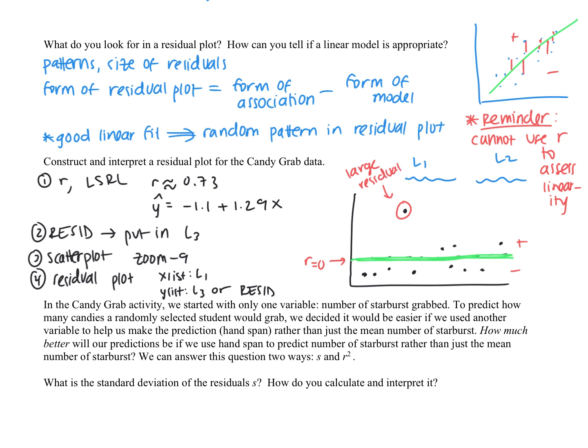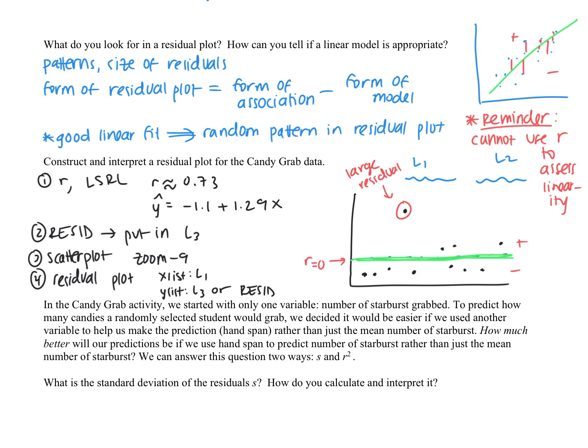If we ignore that point and just look here, we're asking ourselves, is there a pattern of any kind? The points should be scattered randomly, about half above, about half below. We can see that it looks like there are more negative residuals than there are positive. Besides that, though, there's no real pattern.